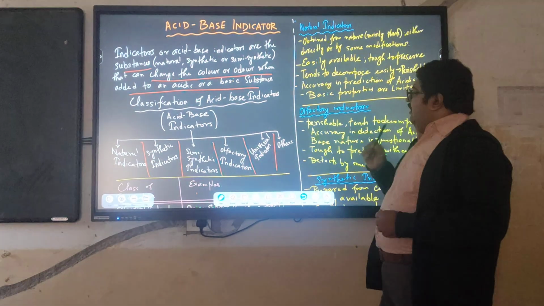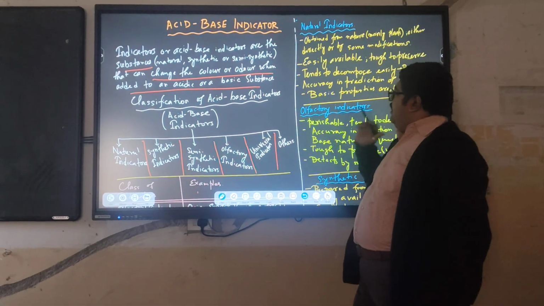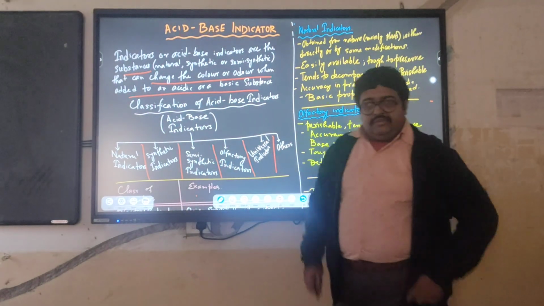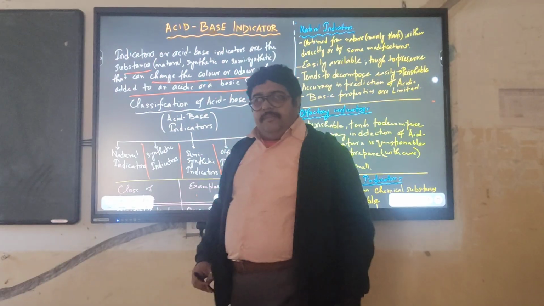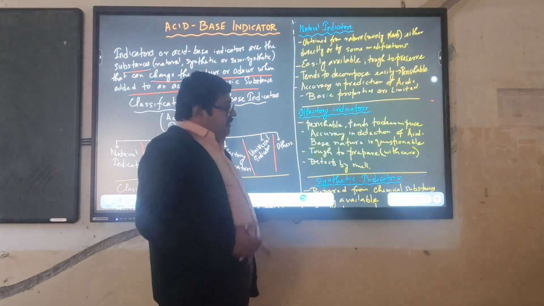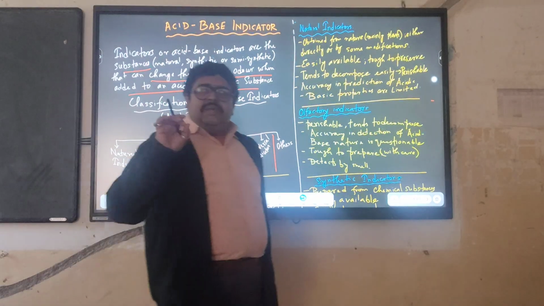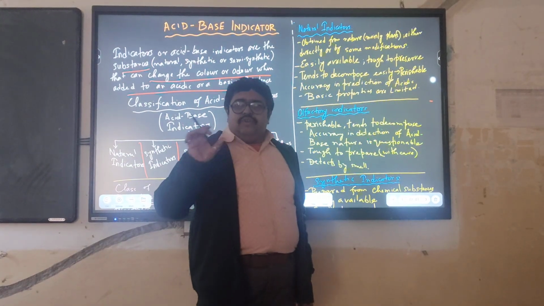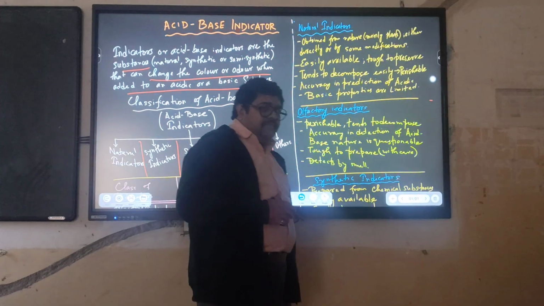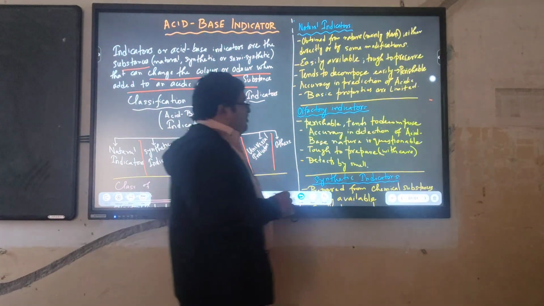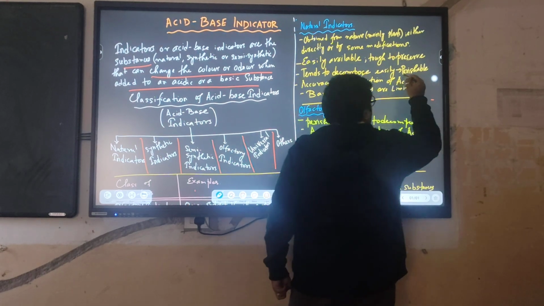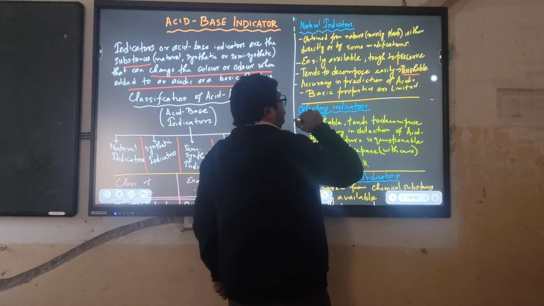And last but not the least, the accuracy or the precision to determine whether a substance is an acid or a base by using natural indicator is always questionable. To speak the truth, it works only in limited conditions and in limited substances. That means not all acids or bases can be classified with the help of this. And since these substances are perishable, it goes without saying that they decompose easily.